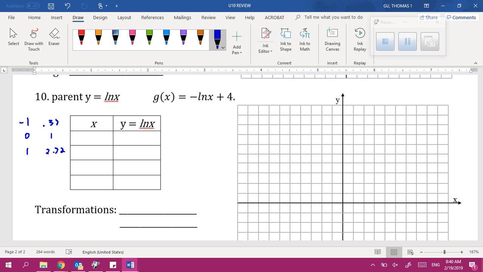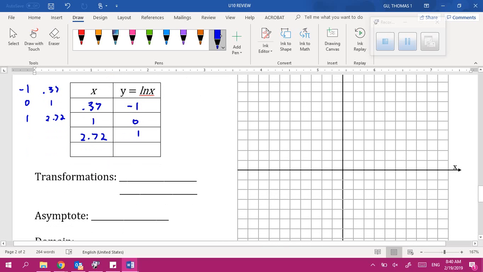So my x's this time should be 0.37, 1, and 2.72. My y values should be negative 1, 0, and 1. So that's going to be my parent function: 0.37, negative 1 about here, 1, 0 right here, and 2.72, 1 is about here. And so the parent function is a logarithmic function looking like this.